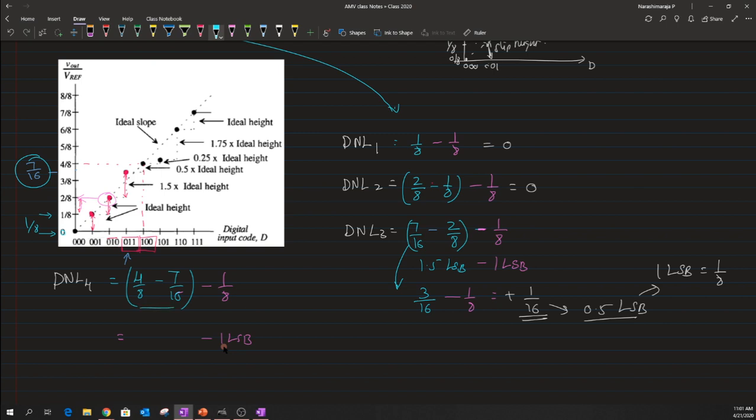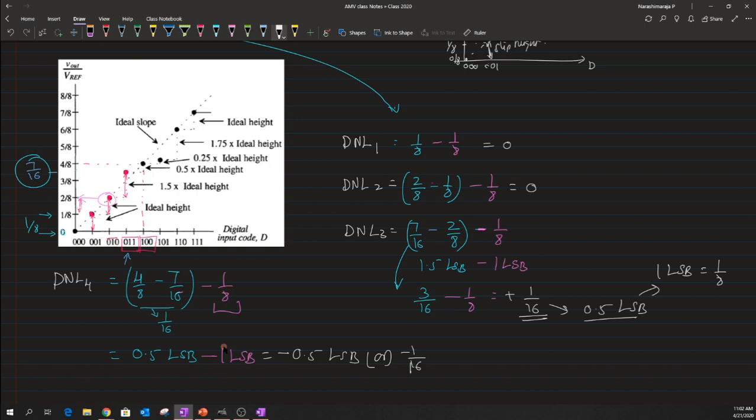Okay. So this quantity is equal to 1 by 16, or in terms of LSBs I can write this 1 by 16 as half LSB, and again this 1 by 8 can be written in terms of LSB as something like this, and at the end we have a DNL error at 4 as minus half LSB, or in terms of quantity can also be written as minus 1 by 16.